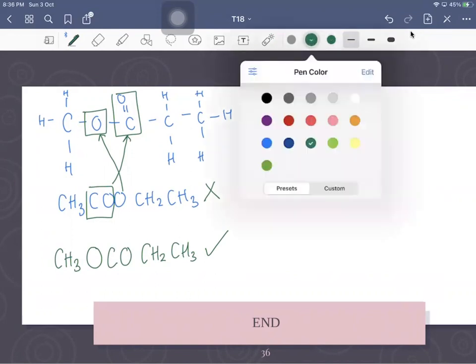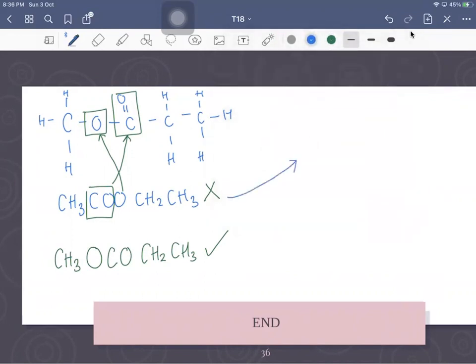What does this formula represent? It would represent this molecule, which is different. These two are not the same.